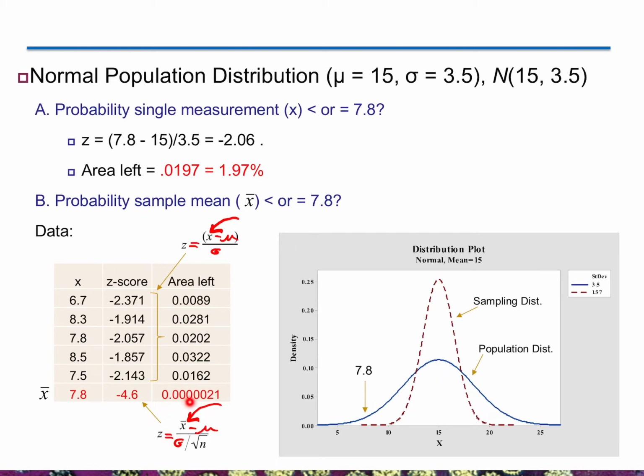Convert that to a percentage by multiplying by 100: 0.00021%. So whereas an individual value of 7.8 would have roughly a 2% chance of occurring on our population distribution, a sample mean of size 5, the mean of that, 7.8, would have a far lower chance of occurring because our sampling distribution is more narrow.